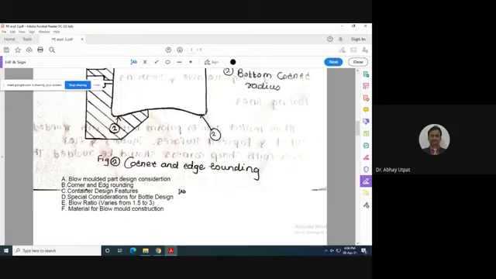So these are special considerations for bottles, and you are an engineer who is going to launch the product, so you should consider all these aspects while designing the mold for the blow molding process.